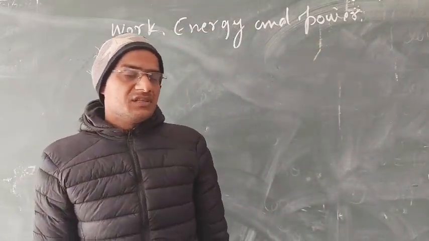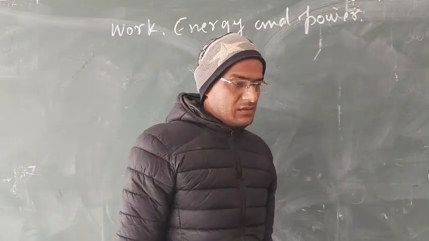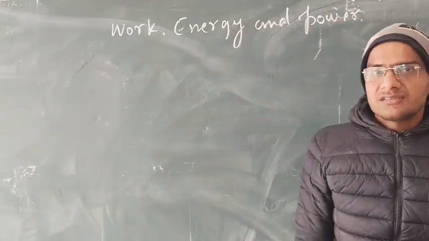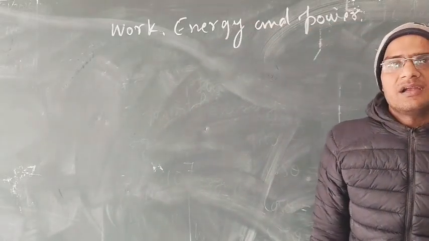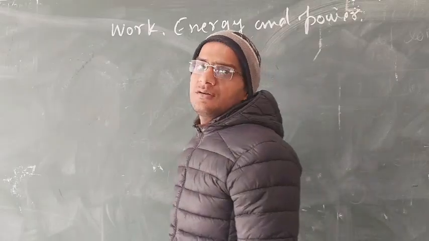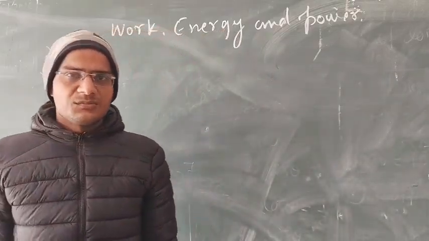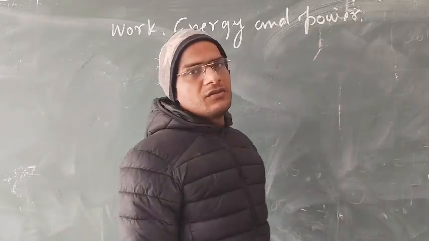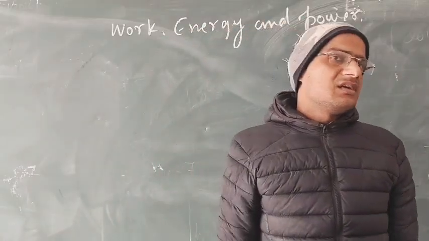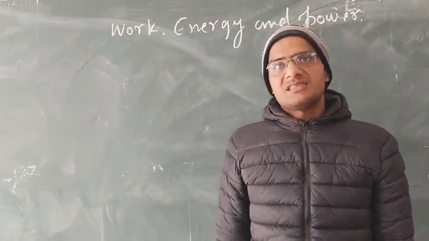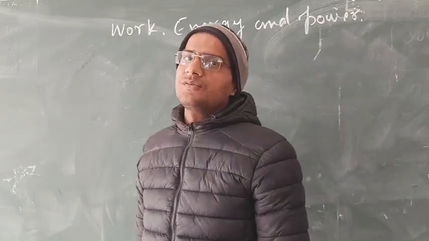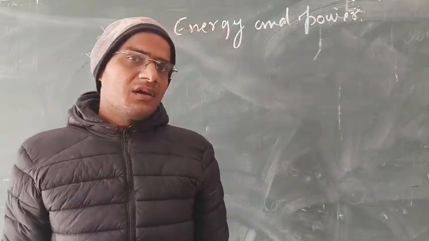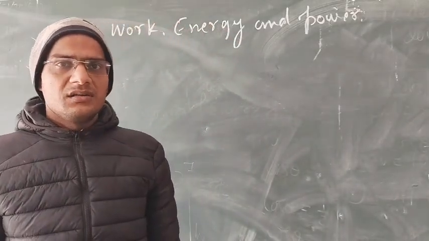But in physics, work is not any normal task. In physics, work is defined as force into displacement. Work is done only when we apply force on an object and displace it in the direction of the force. Then only is the work said to be done.